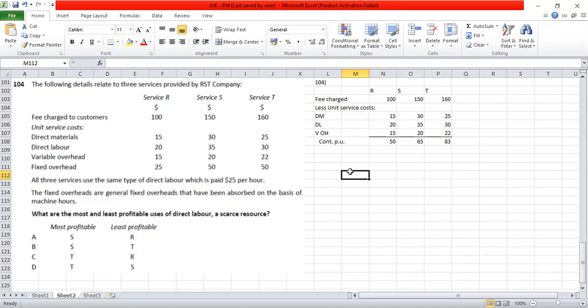After contribution per unit, we see all three services use the same type of direct labor, which is a scarce resource. So direct labor cost is at the rate of 25 per hour. How many hours of labor? The labor cost is 20, divided by the cost of 25. So how many hours were required?